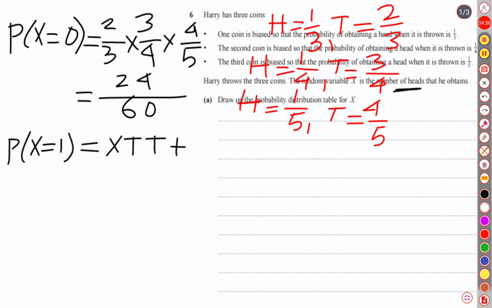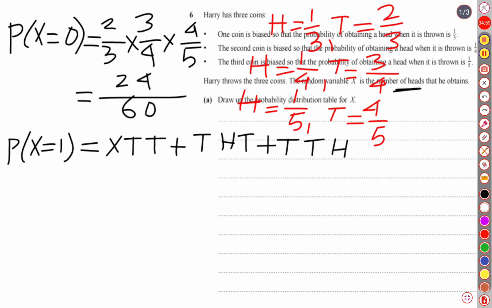The second possible case: first one is tail, second one is head, and third one is again tail. What is the third possible case? The first two are tails and the third one is head. So these are the possible cases for obtaining only one head.